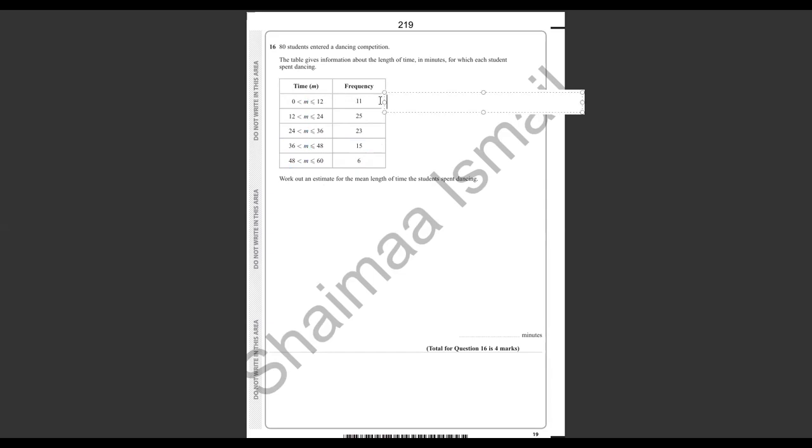It will be 6, the mid number, and here it will be 18, from 12 to 24, and here it will be 30, and here it will be 42, and here it is 54.